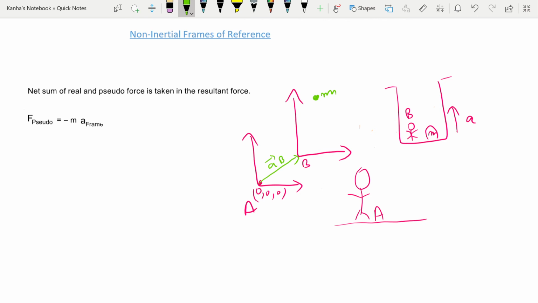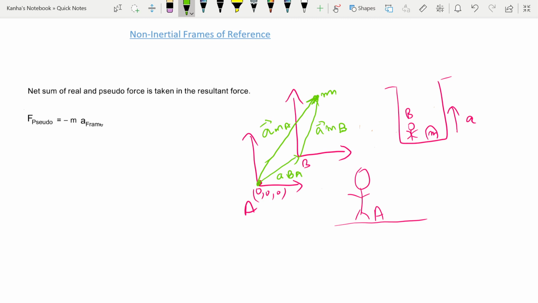So with respect to A, this is the acceleration of B with respect to A, this is the acceleration of M with respect to A, and this is the acceleration of M with respect to B.